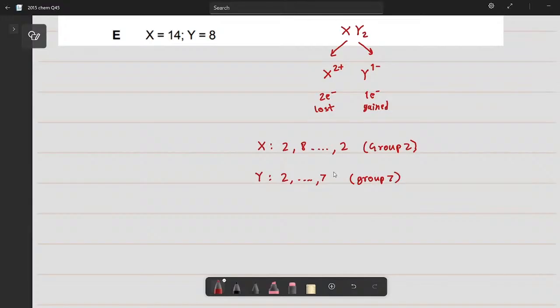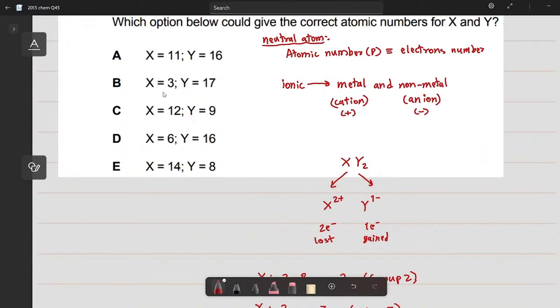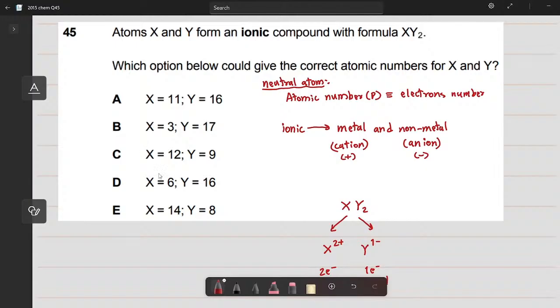Okay, so these are the two atoms with their electronic configuration in the neutral state, where they must have these numbers of electrons in the outermost shell. Now we're going to deduce the electronic configuration with the given atomic numbers, and we know atomic number is equivalent to electron number in the neutral state.